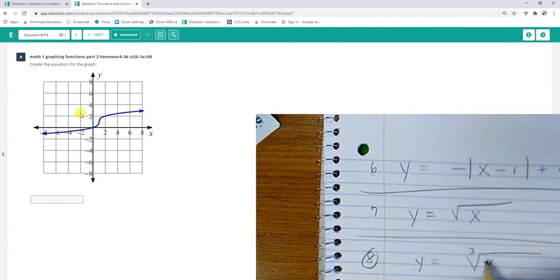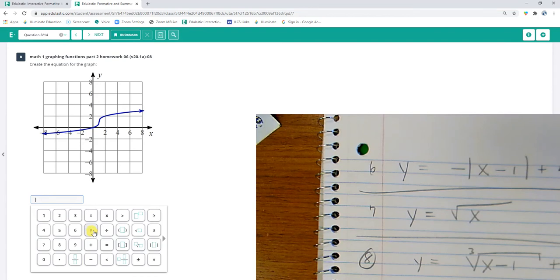It's been shifted right 1, and it's been shifted up 1. Y equals the cube root of x minus 1, get outside of that, plus 1.